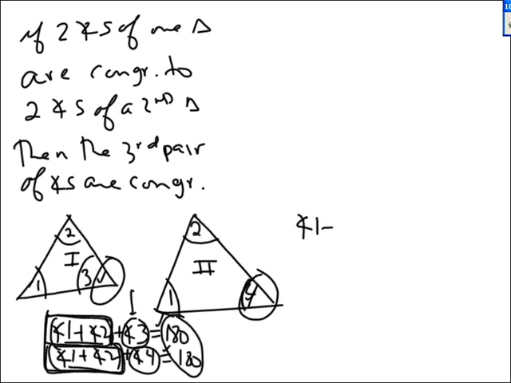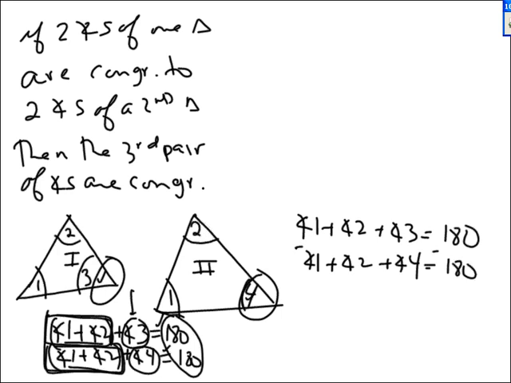And how you would prove that is using subtraction. You would prove this by using subtraction. When you subtract the right-hand side, you get 0. When you subtract the left-hand side, well, angle 1 minus angle 1 is 0.